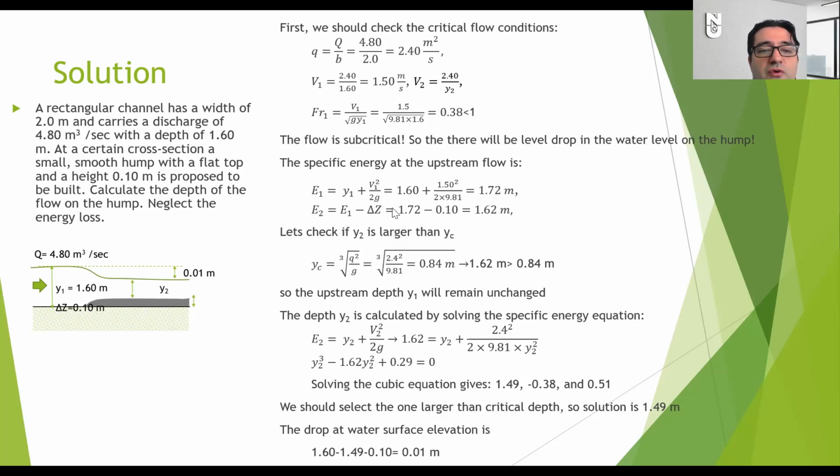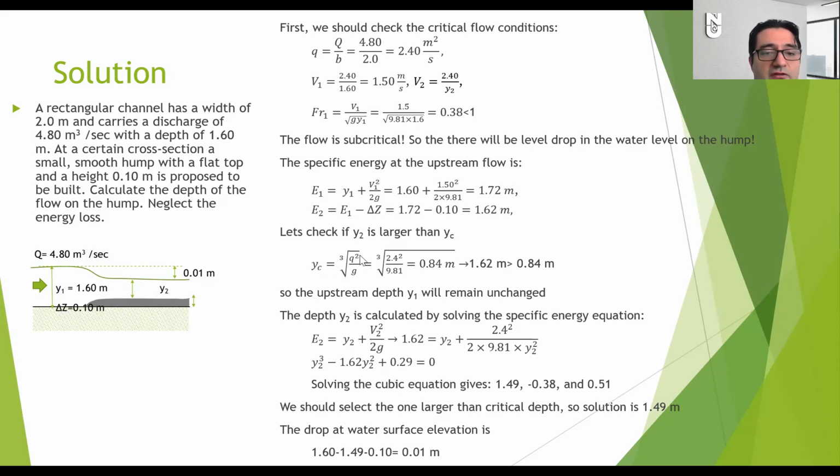So the specific energy at point 2 will be 1.62 meters. So far, so good, right, guys? At this point, you should check what the critical depth should be on the right side.